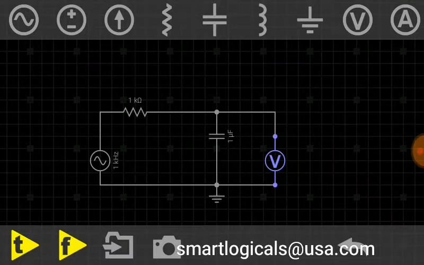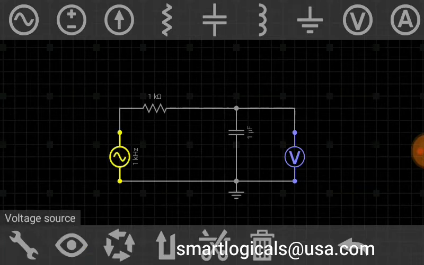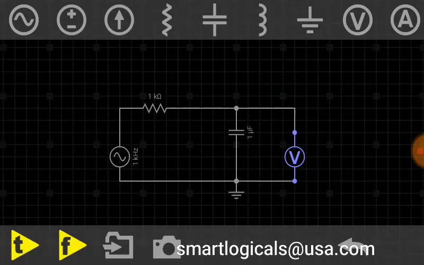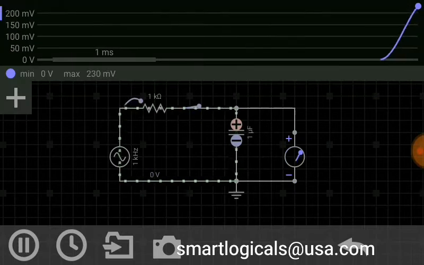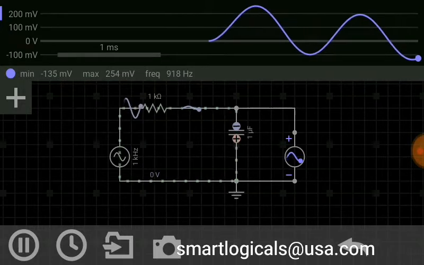Tau equals RC, that means 1 kilo ohm times 1 microfarad, which is 1 millisecond. The input signal is a sine wave at 1 kilohertz, so its time period is also 1 millisecond, the same as the time constant. So let's see how the input and output vary.